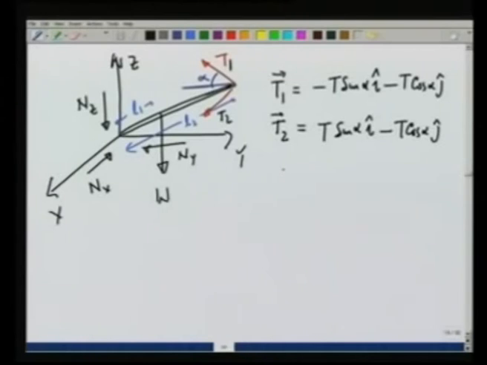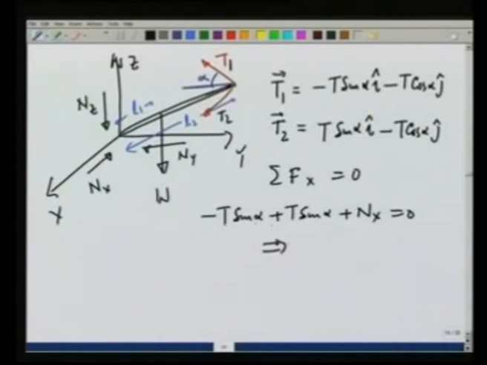The weight acts in the vertical direction. So, summation Fx is equal to 0 gives me minus T sine alpha plus T sine alpha plus Nx is equal to 0, this cancels, that Nx, the normal reaction in x direction is 0.